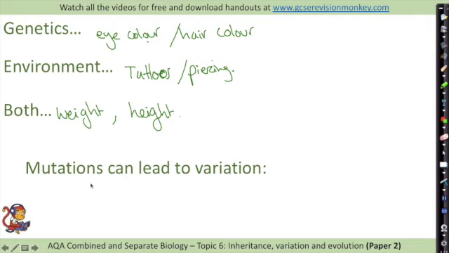So mutations in the DNA can lead to variation. Okay, so slight changes in your genetic code can cause variations in the way you look. Many of those mutations will be only very slight and perhaps unnoticeable, but some of them, as we said before, can lead to genetic disorders as well.